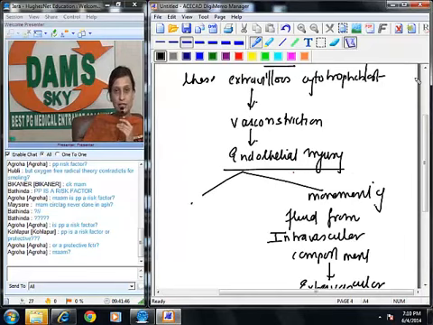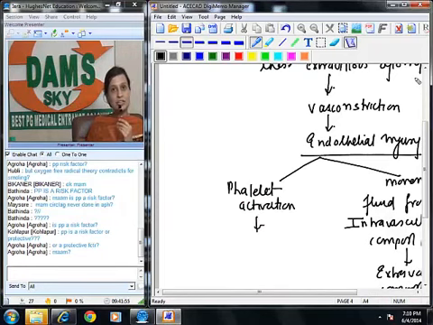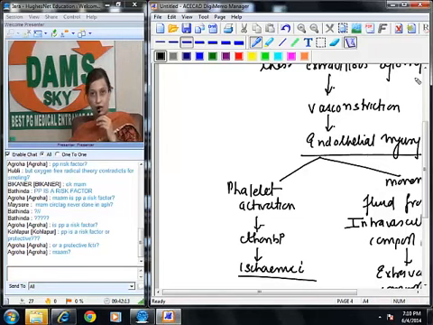Also, if there is endothelial injury, what does it lead to? Platelet activation. What will platelet activation do? There is formation of clots or thrombi. In turn, the thrombi cause infarction, and this ischemic injury will occur at the level of all organs.